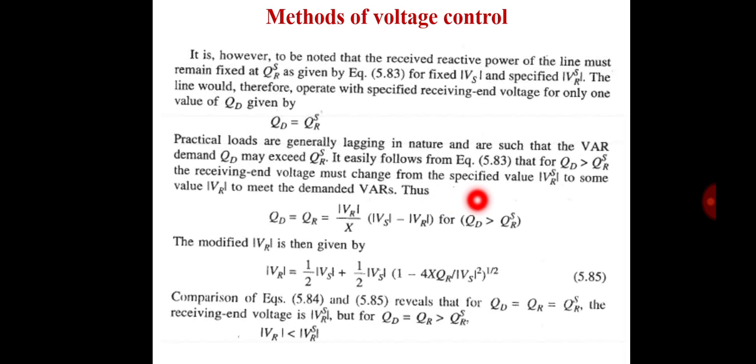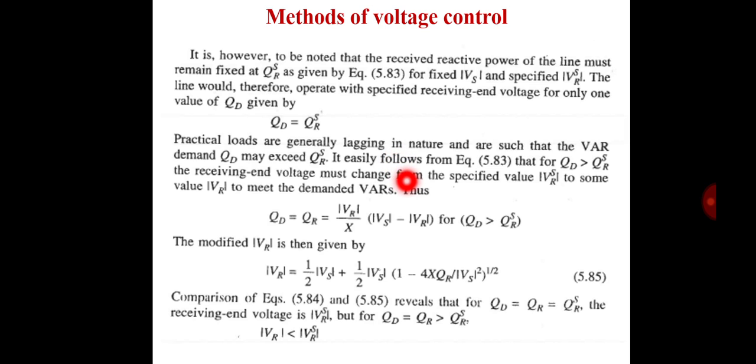Why are practical loads generally lagging? Because, as we all know, induction motors and all industrial loads are inductive loads. So the power system load is generally lagging in nature, and the VAR demand QD may exceed the specified reactive power at the receiving end.